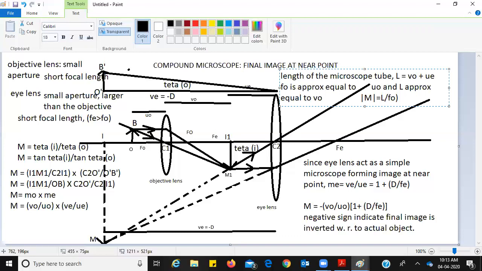Then the right part, no change: 1 plus D by F. It's only an approximated result, we never use it for the calculations. Okay.